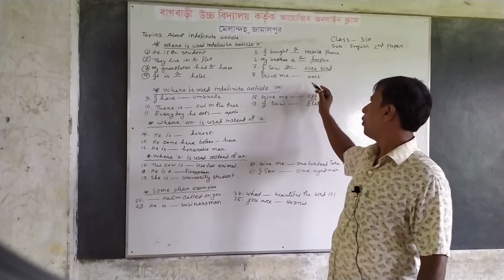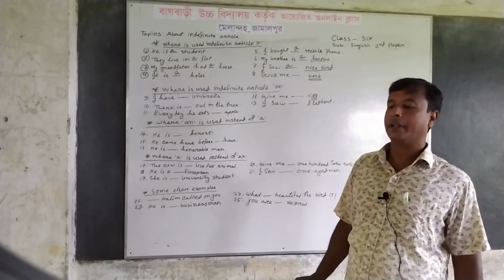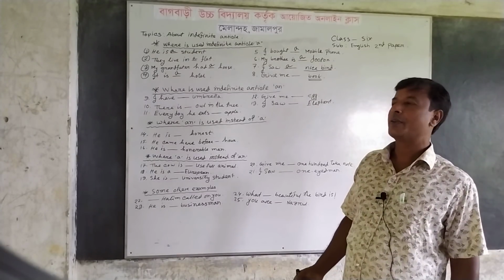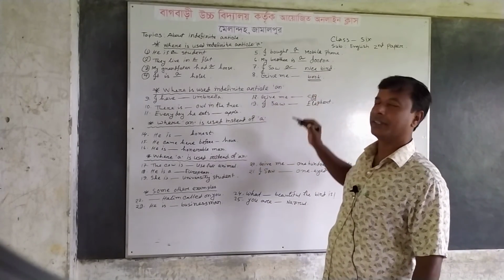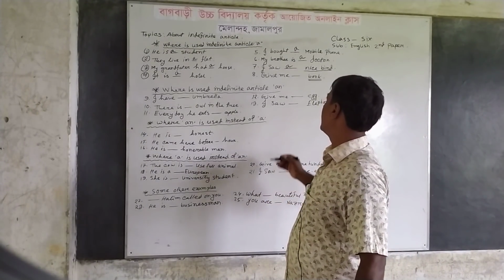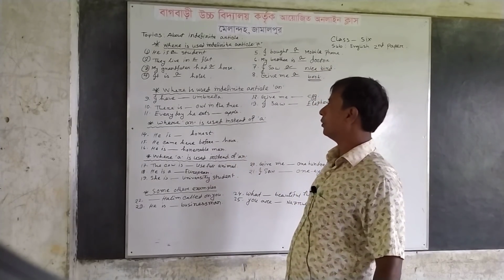Here book is a singular countable noun and its first letter is consonant B. So we shall use A before book.